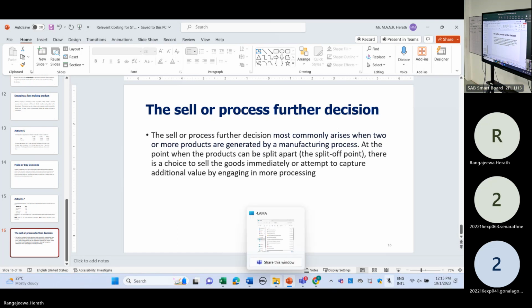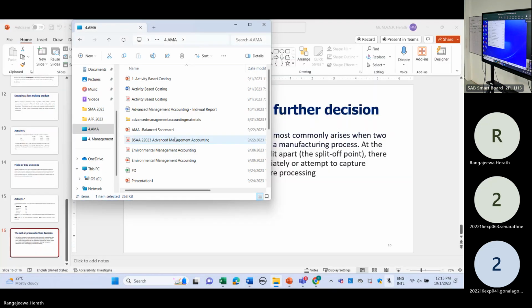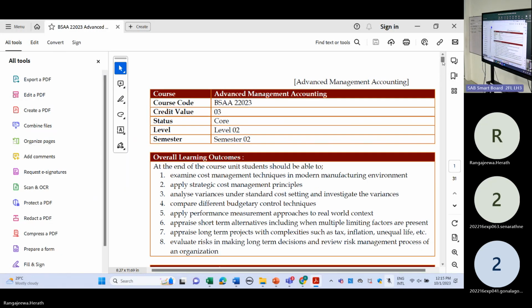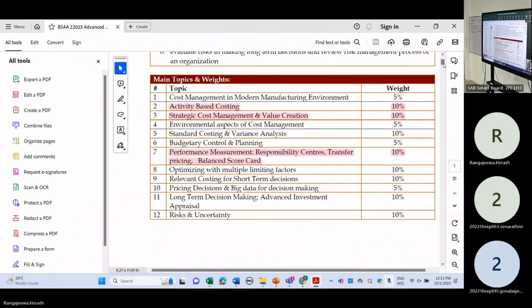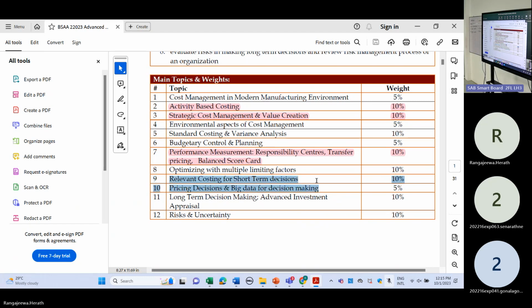Okay. So we have taken this one also. Right. 1, 2, 3, 4.